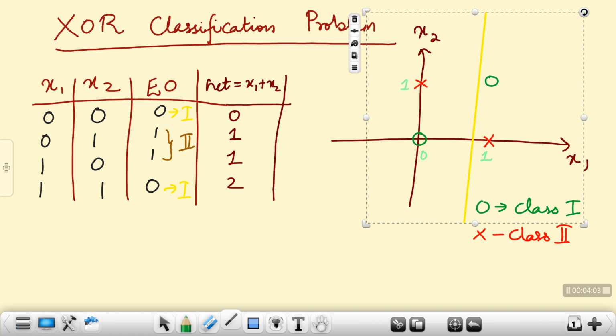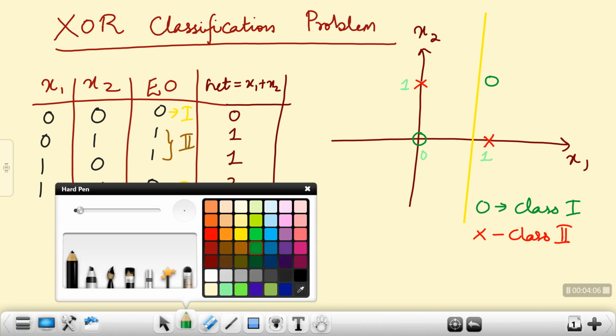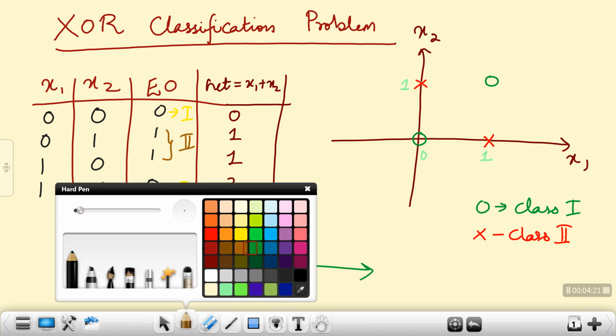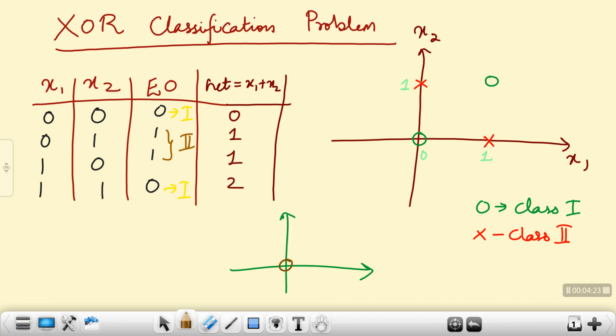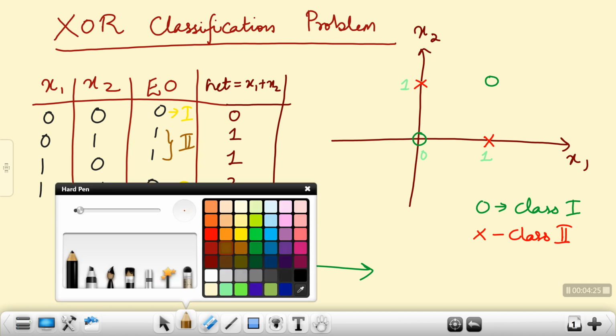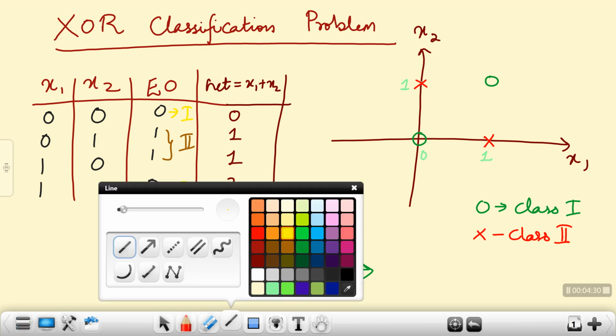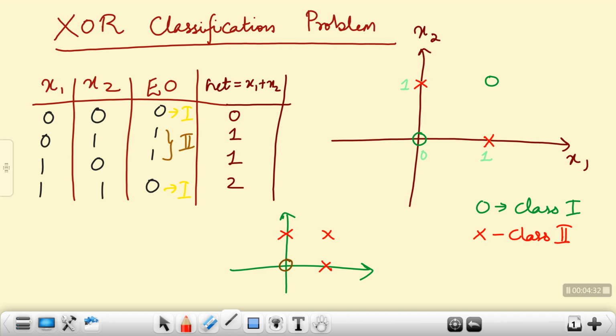If it was a simple OR gate, then it would be possible to do this. What is the OR gate? The OR gate has 0 output for 0, 0 and the rest of the times the output is 1. So for an OR gate, it is possible to have a line that separates.